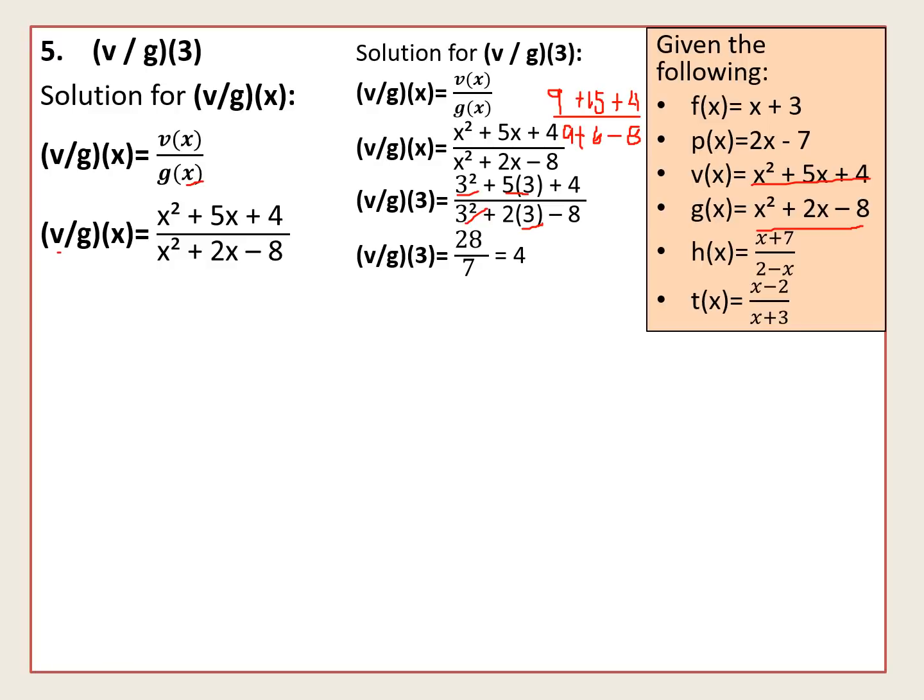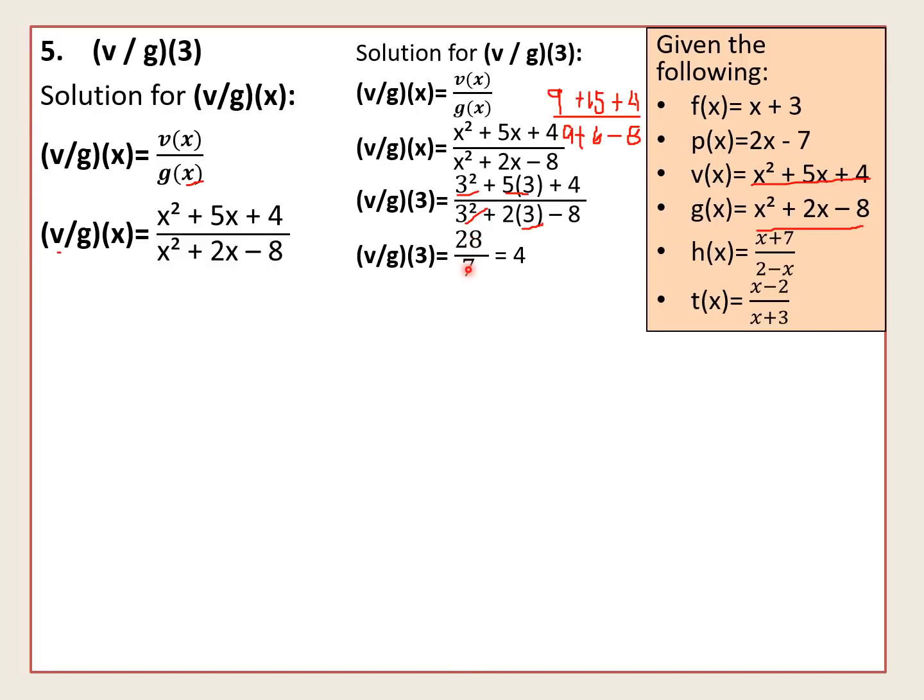So, it would be what? 9 plus 15 is 24. 24 plus 4 is 28. Then in the denominator, 9 plus 6 is 15. And 15 minus 8 is 7.